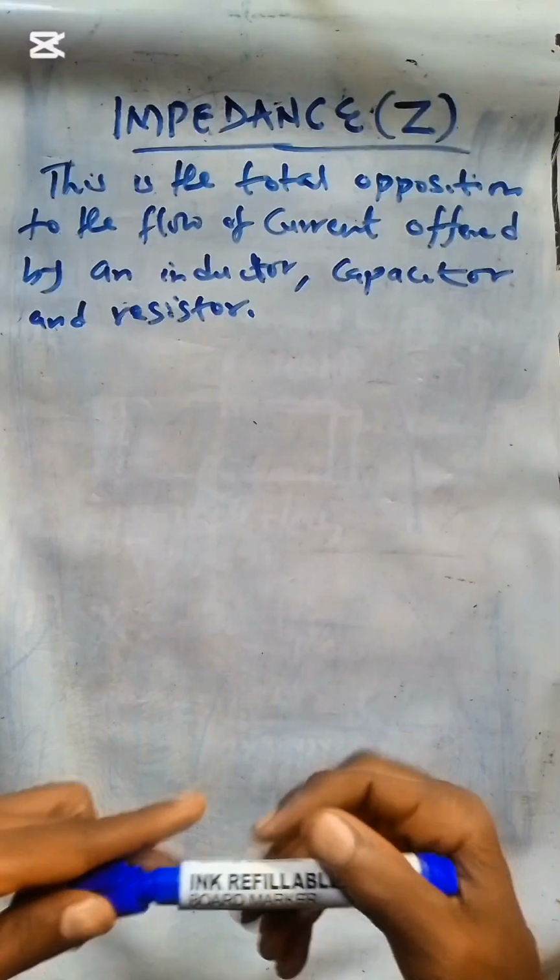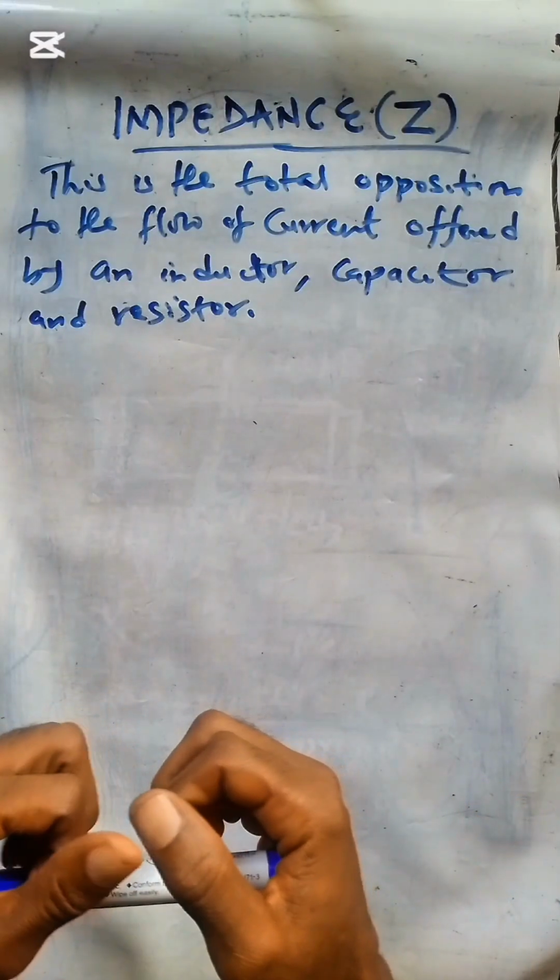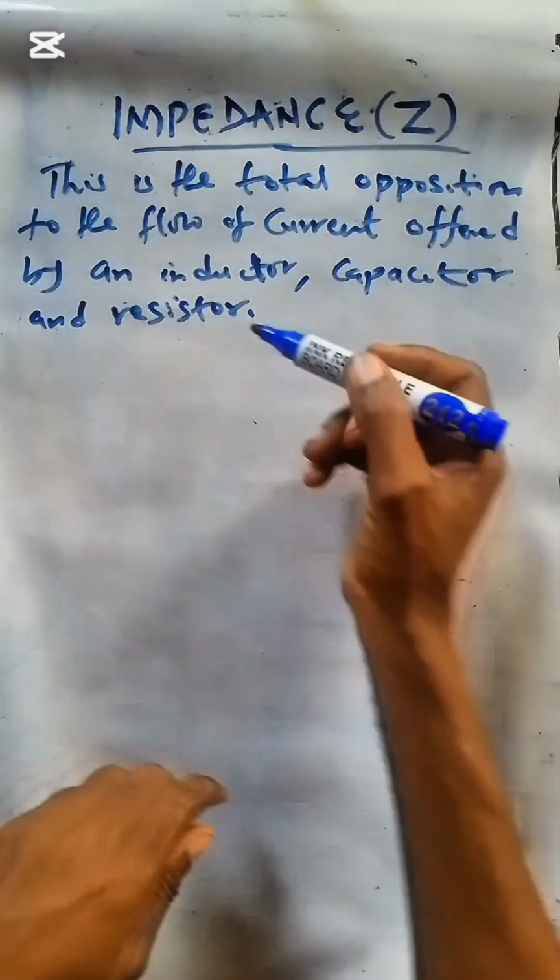So when these combine together, the total opposition they offer is known as impedance, represented by the capital letter Z.